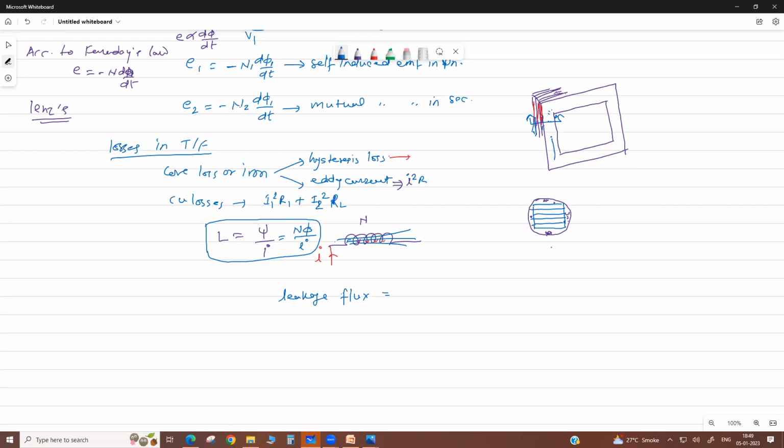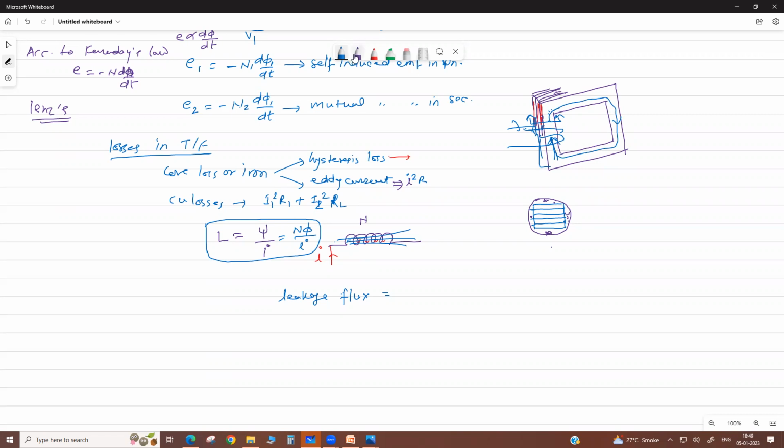Actually, maximum flux passes through this core because it is produced by the primary. If there is a winding on this core, when we put a current, maximum flux passes through this core only.